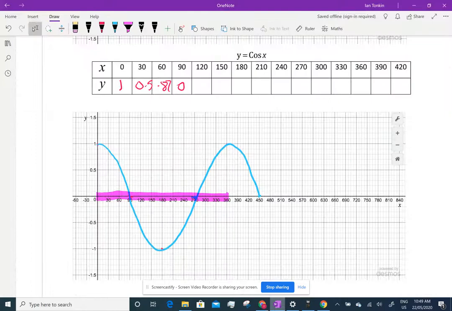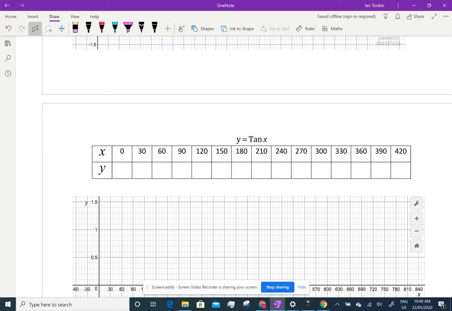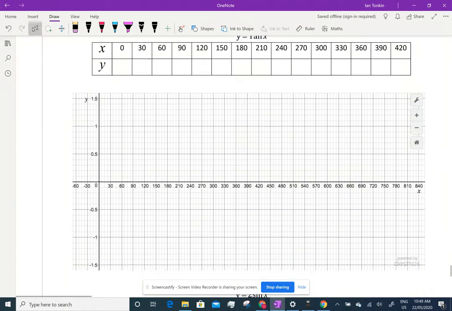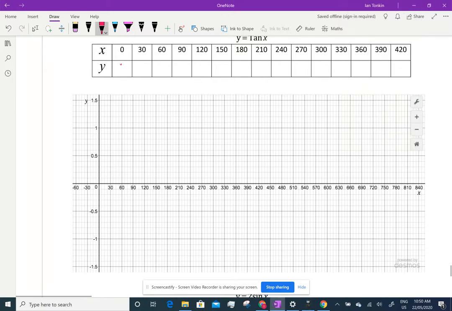So let's go back. Let's now explore tan x. Okay, so again, this one's going to be a little bit different, so off we go. tan 0, 0. So again, I'm just going to write them in.